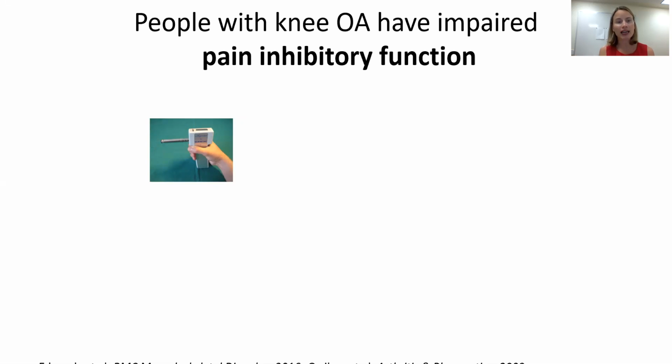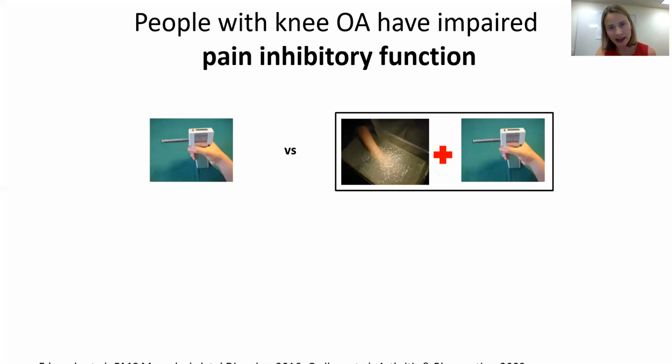So for example, doing a pressure pain threshold, pushing on the skin, seeing at what point they first feel pain, measuring that by itself, and comparing that to a pressure pain threshold when you also have another painful experience. So in this case, putting your hand in an ice cold bath. And the idea of this is that pain inhibits pain.